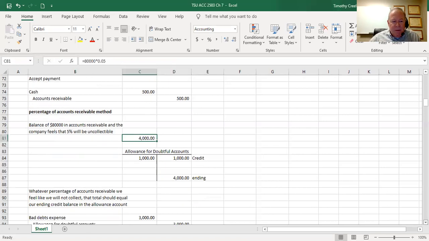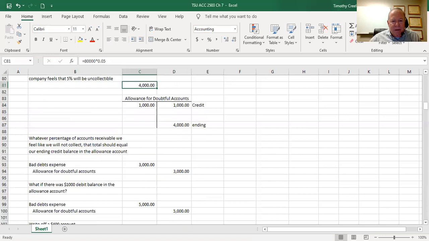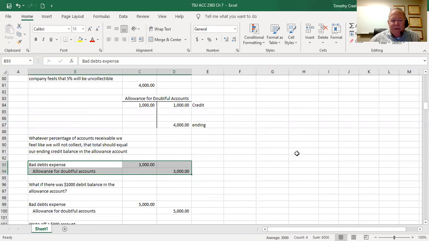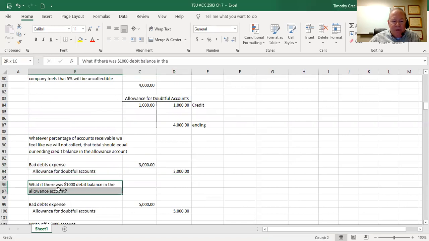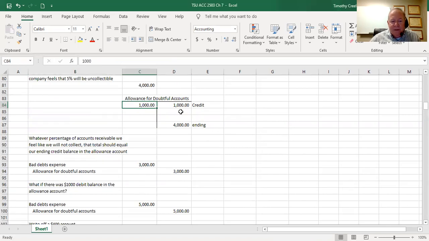Now, let's come down here. If we had $1,000 credit balance in the allowance account and we needed to make it 4,000, then we would just debit bad debts expense for 3,000 and credit the allowance for doubtful accounts for 3,000. Now, what if there was $1,000 debit balance in the allowance account, like this example here? Then that means we would have to credit it for 5,000.